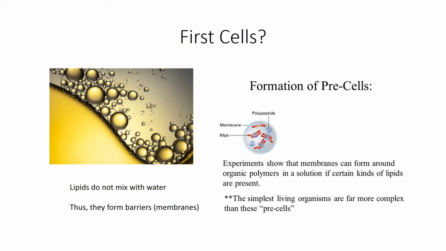And again, these pre-cells were back then, some 3 point something billion years ago, the only kind of cells or structures that could maintain their structure without shrinking or swelling, without losing solutes, and able to build more protein and able to replicate.